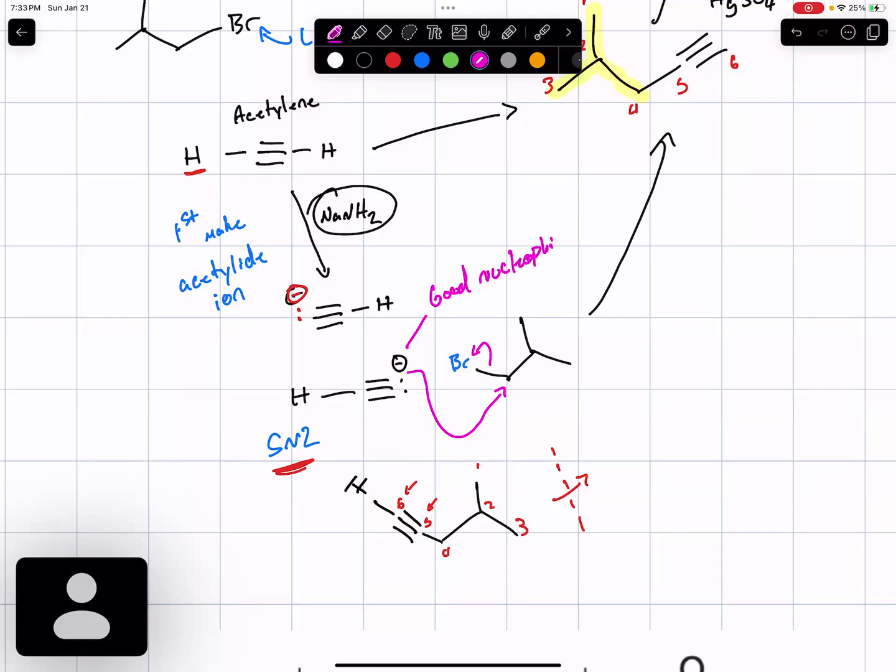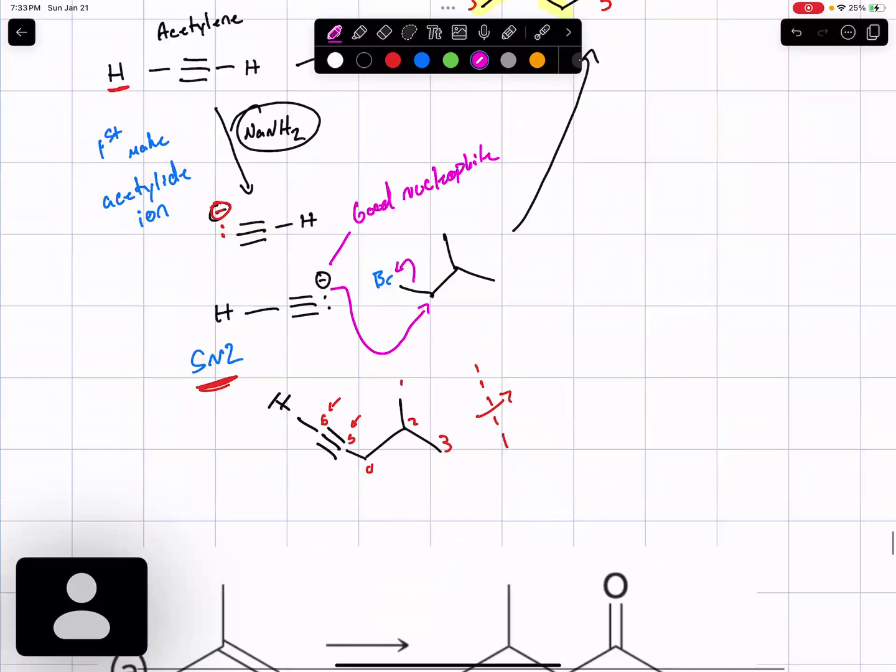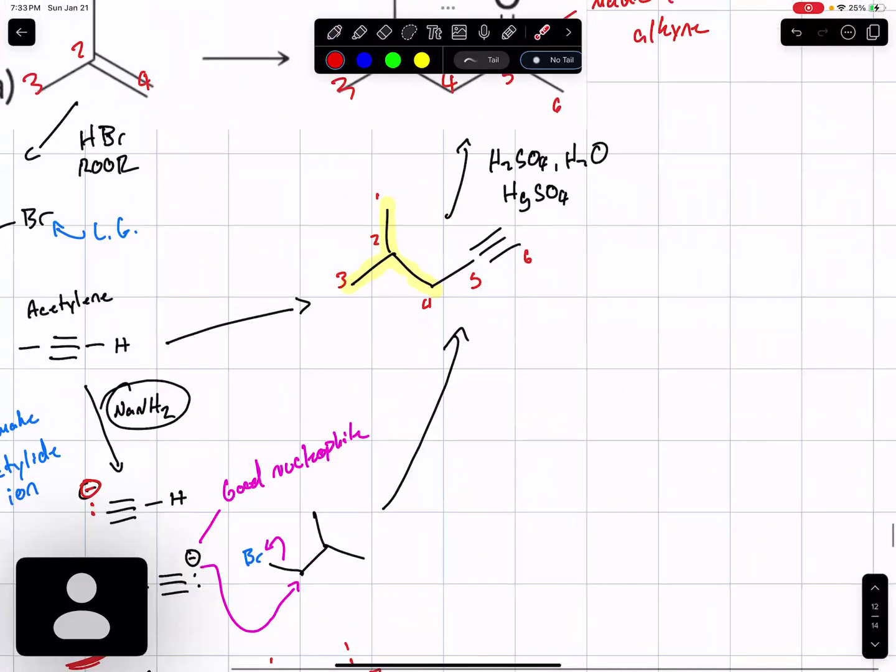This is a good nucleophile to do an SN2 reaction. This SN2 reaction attacks at this primary position, this primary substrate position, kicks out the bromine, and now adds this whole group that's been highlighted to the acetylene.